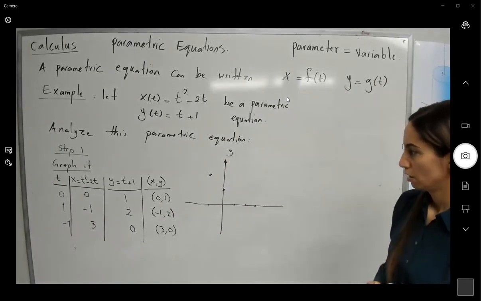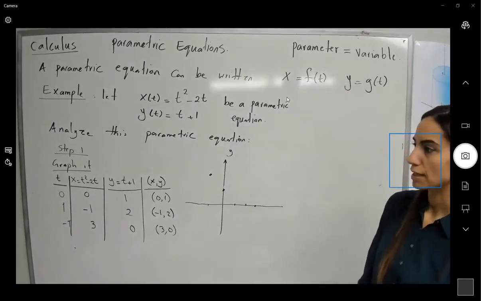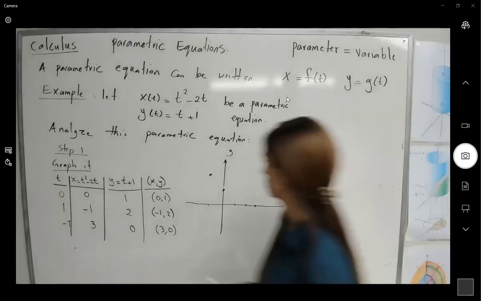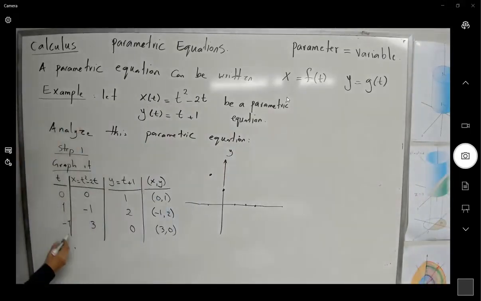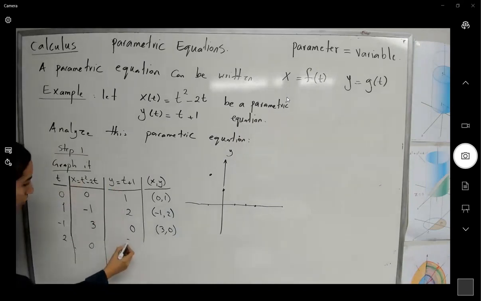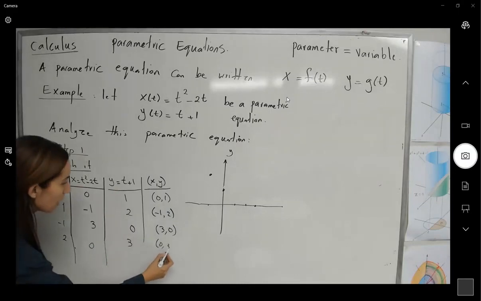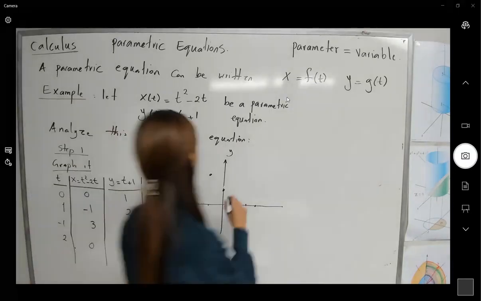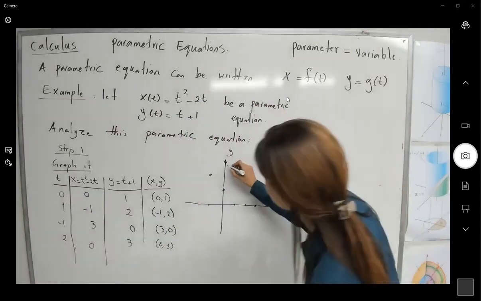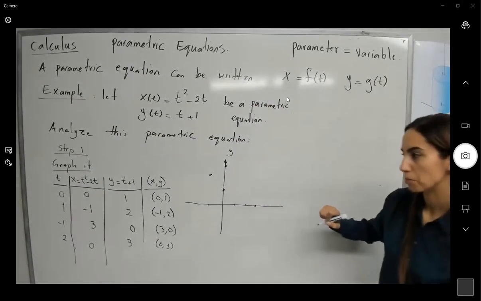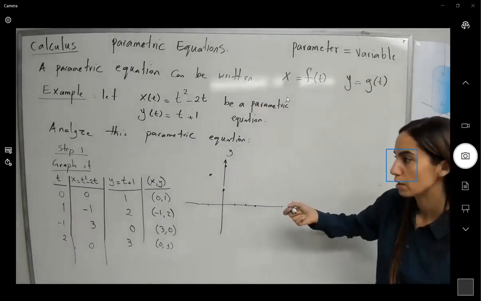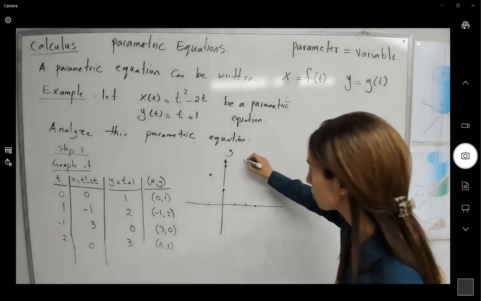So let us plug in, for example, t equals 2. If t is 2, we get 4 minus 4, which is 0. And here y is equal to 3. So 0 and 3. I see a pattern. So if I plug in t equals 3, I should get a point, which is here.